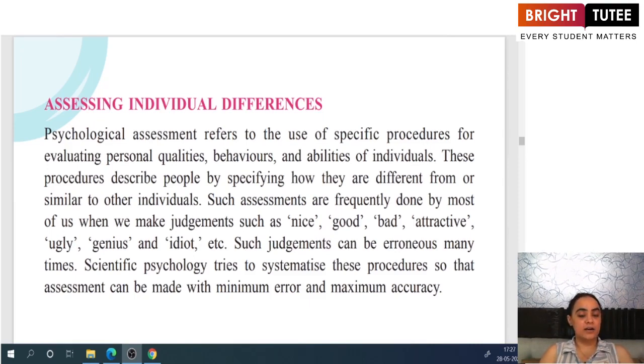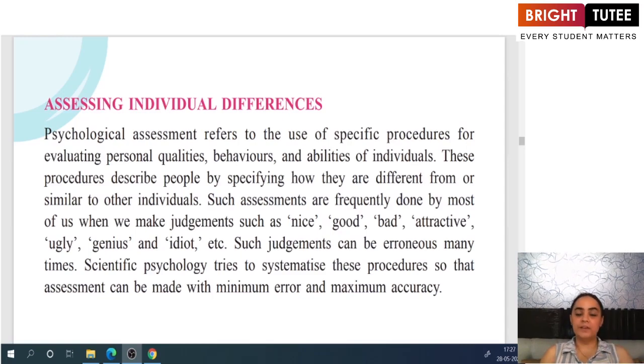And these psychological tests only enable us to pass judgments such as nice, good, bad, attractive, ugly, genius, idiot, smart, wise, sensitive, and so on and so forth.